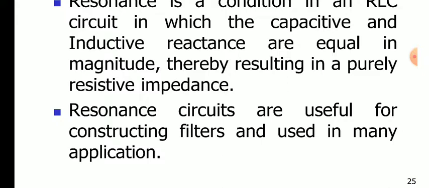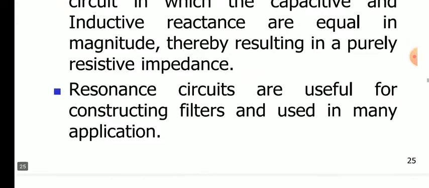So all together, we can define resonance in an electrical circuit as the condition wherein the reactance of the inductance is equal to the reactance of the capacitance. Therefore, the total impedance is minimum and the current is maximum. That condition we call resonance.